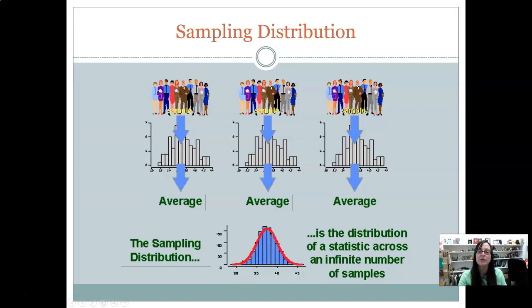And so this tells you, looks like 50, 100, 150. Say this is height we're talking about, and most of the averages are right around 5.5 or 5.7.